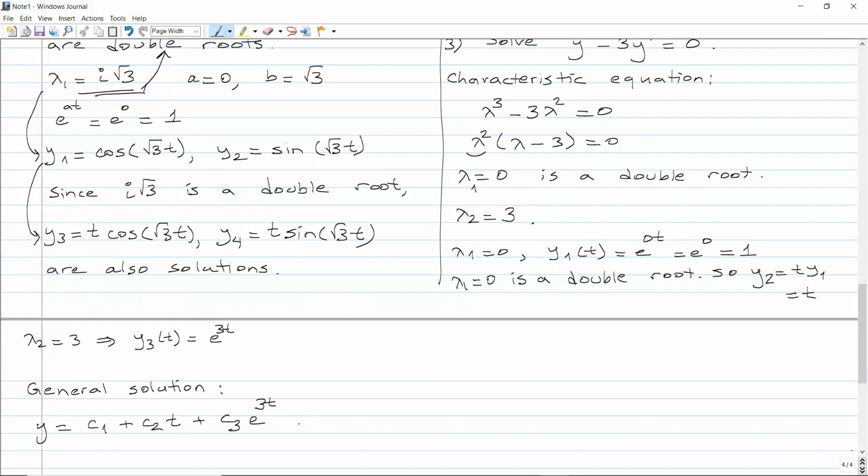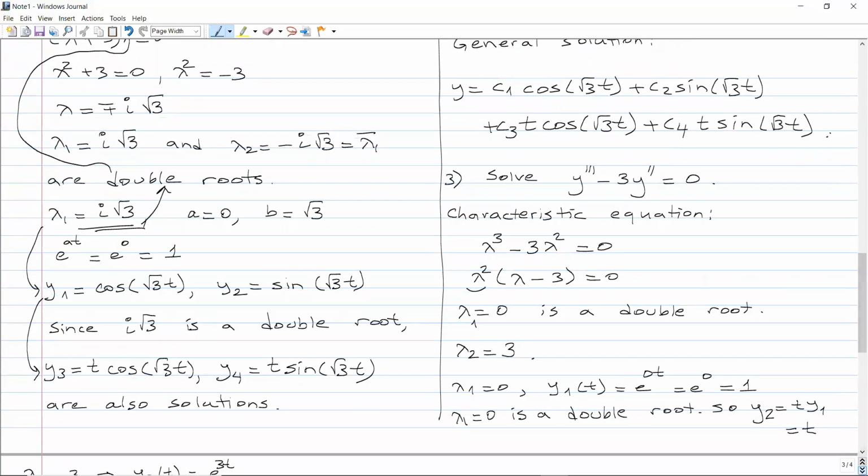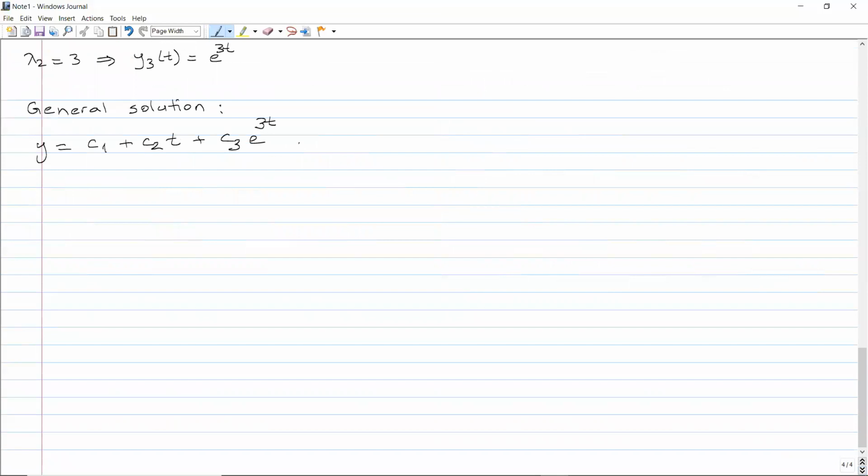So in this example, I guess this is the first example where we have 0 as a root.